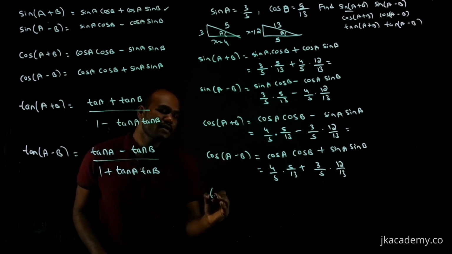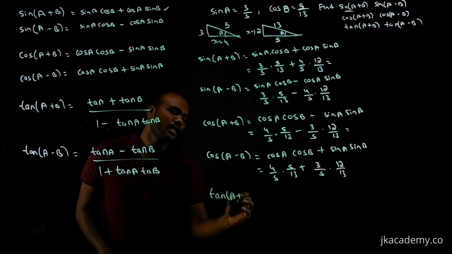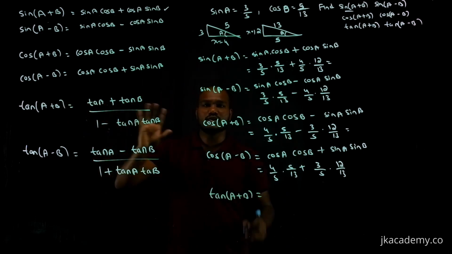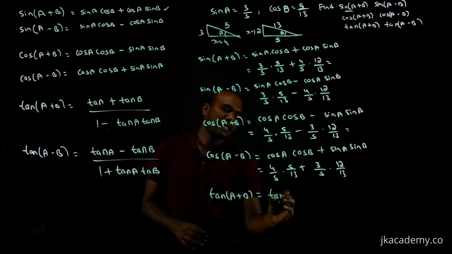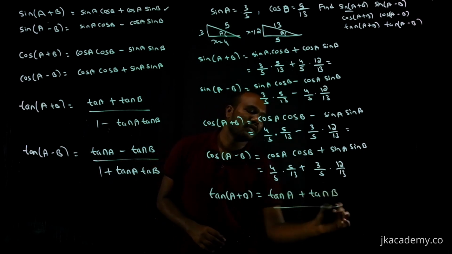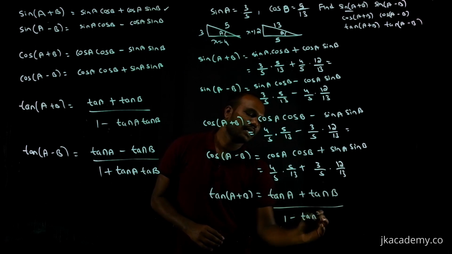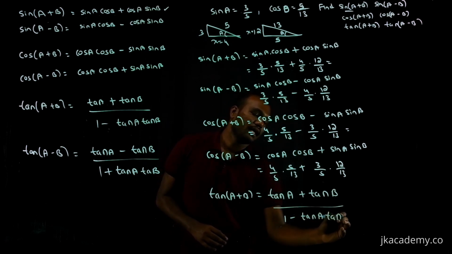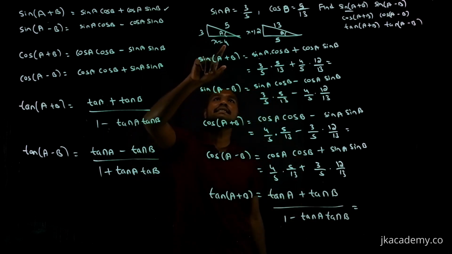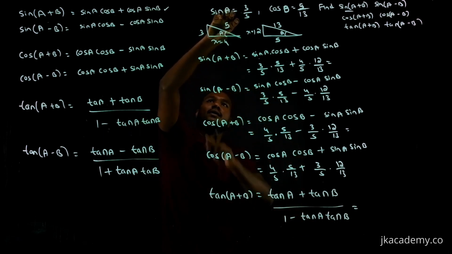Next, tan of A plus B. We'll do the last question. What is tan of A plus B? You should not look at the formula, you should know it by this time. Tan A plus tan B over 1 minus tan A tan B. What is tan A?